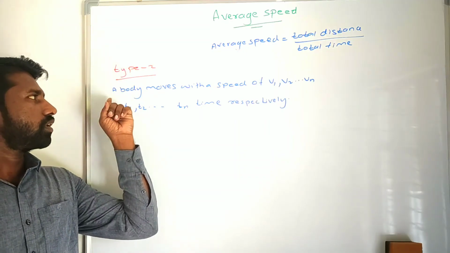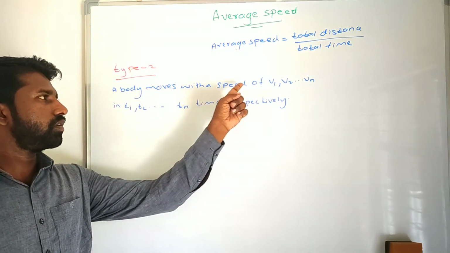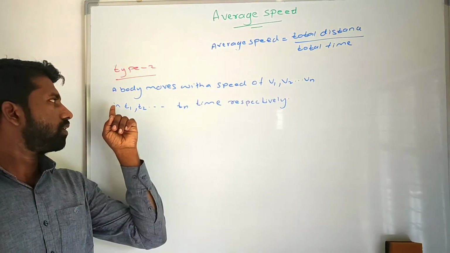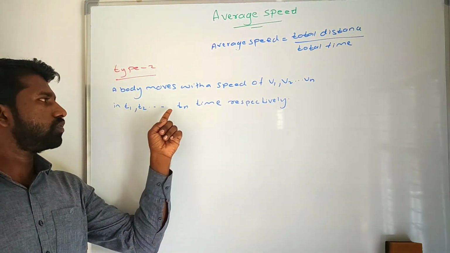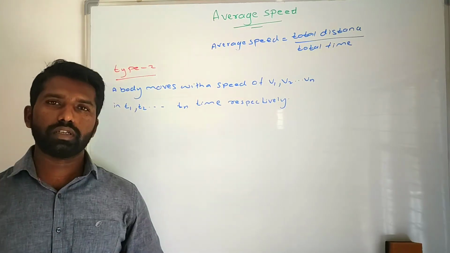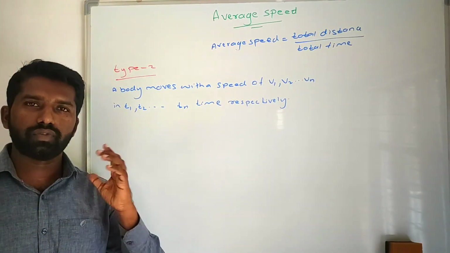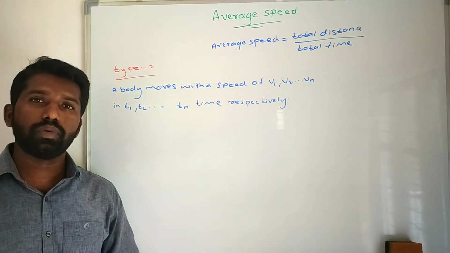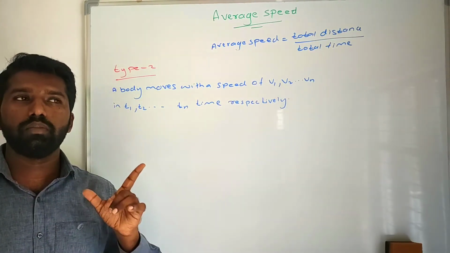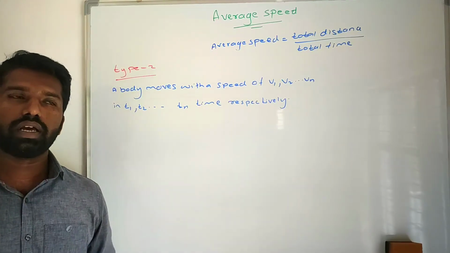Type 2. A body moves with speeds V1, V2, up to Vn in times T1, T2, up to Tn respectively. In this case, what is the average speed? This type is mainly based on equal time. If the times are equal, what is the average speed?